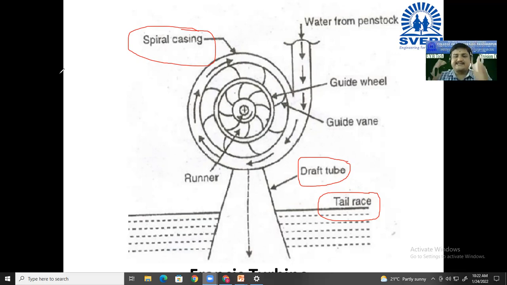So the casing is nothing but the cover, and that cover avoids leakage of water through the turbine, and all the mechanism of this Francis turbine is safeguarded with that particular casing. हे जे मेकॅनिझम आहे या मेकॅनिझमला सेफगार्ड करण्यासाठी, कव्हर करण्यासाठी, प्रोटेक्शन करण्यासाठी आणि वॉटर लिकेज अवॉइड करण्यासाठी केसिंग इज रिक्वायर्ड.